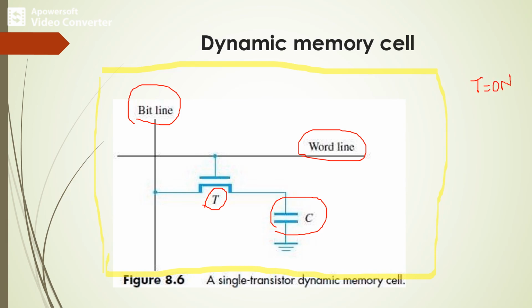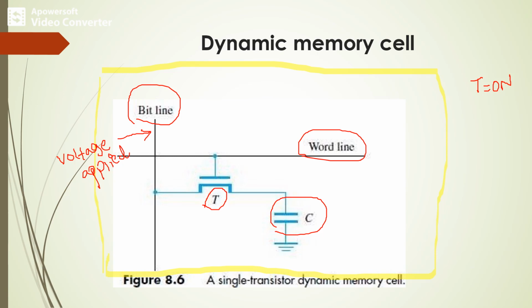Whenever T is turned on and an appropriate voltage is applied to the bit line, the capacitor gets charged.